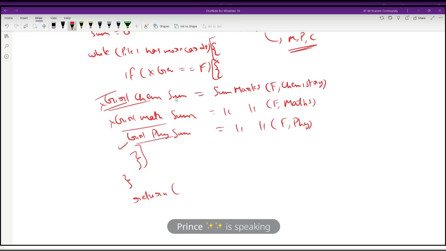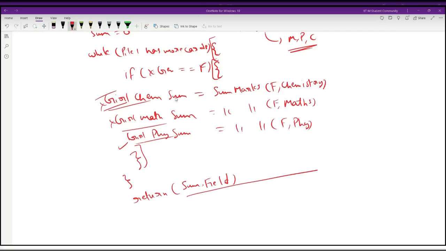We should return sum dot field. Yes, right. We need to return sum dot field, because we can write all these three here, but it takes a very long process. So I wrote sum dot field, where field refers to either chemistry, maths, or physics. Am I clear? After this, there is still one line missing.